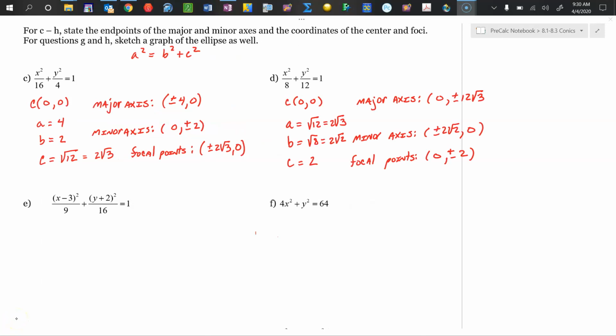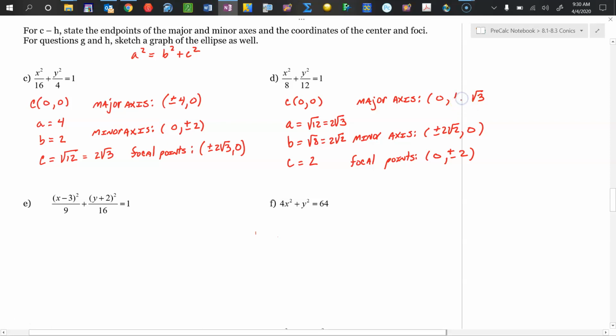All right, by looking at problem D, you could see the center of the ellipse is at 0, 0. A squared is 12, so a is the square root of 12, or 2 root 3. B squared is 8, so b is the square root of 8, or 2 root 2. And c squared would be equal to 4, which means c is equal to 2. We also know that this ellipse is longer in the vertical direction, so we start at the center and go up and down a units, or 2 root 3.